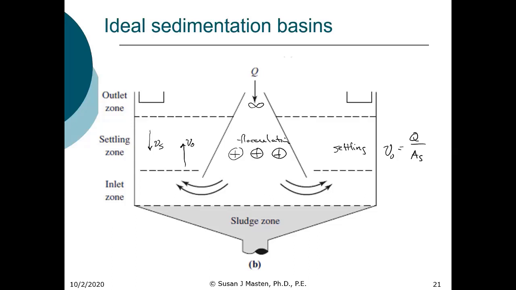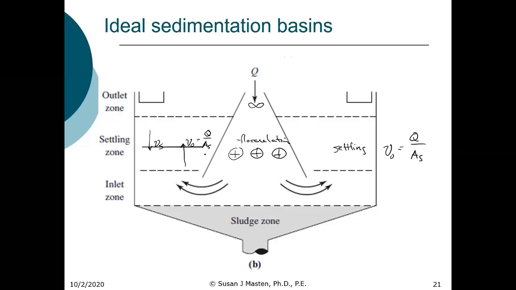And because you have this inverted cone, the overflow rate, remember, is Q over the surface area. So this is equal to Q over A sub S. Your surface area is actually increasing as the water flows, as you move upward in the basin.